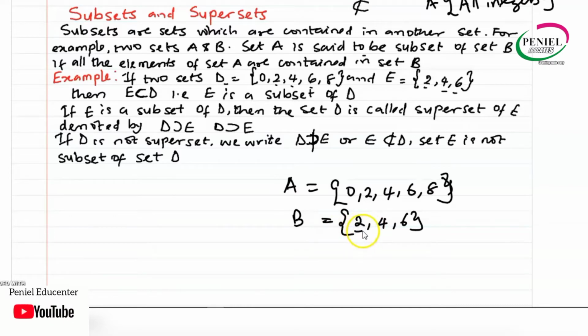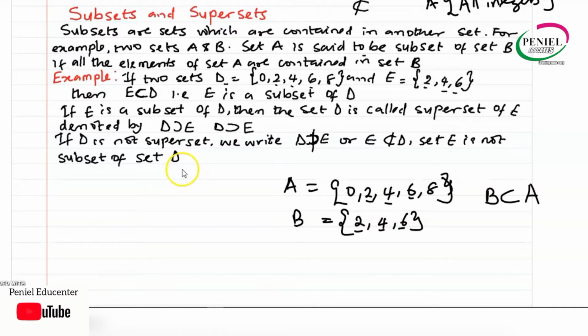This 2 you can find here, this 4 is also here, this 6 is also in A. So how do we denote a subset? B is a subset of A.